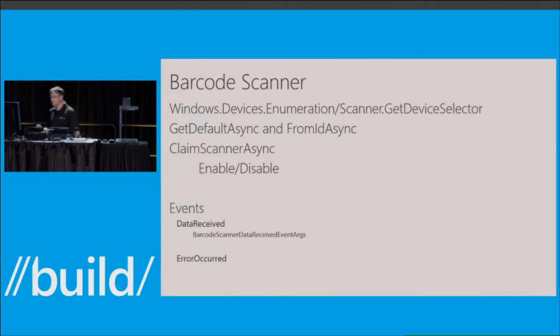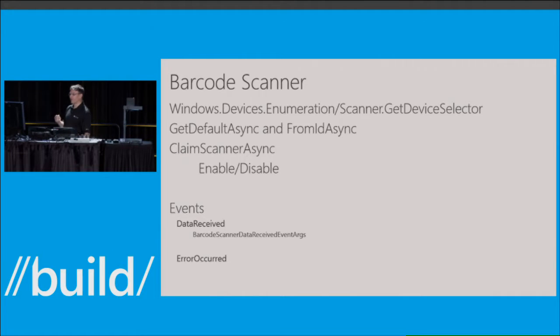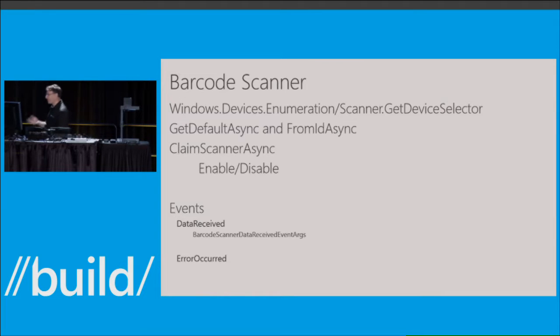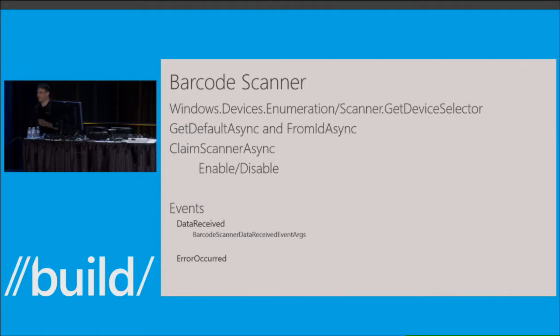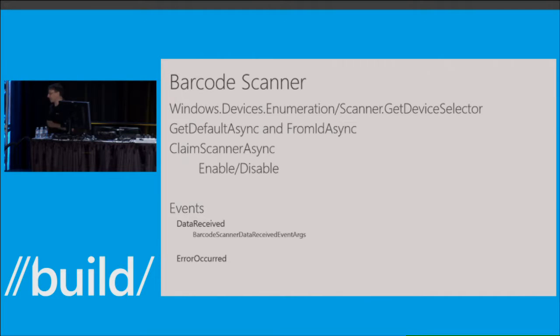Okay. In terms of events, there is a data received event, so BarcodeScanner DataReceived event, and therefore event args. And there are 3 pieces of data that you get back as part of the event args. You get the raw read data from the barcode, which is scanned data.